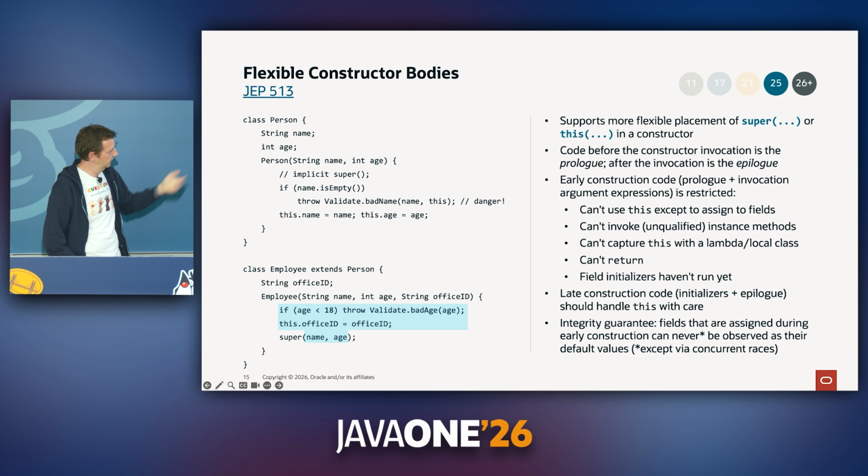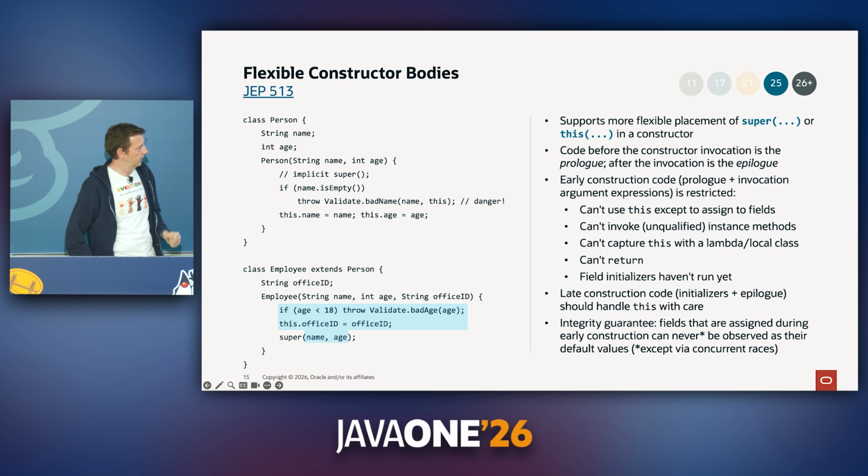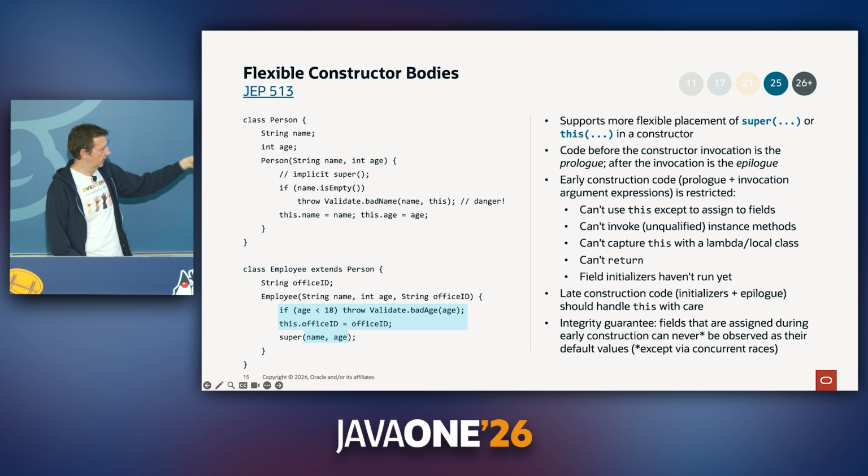So in this blue section, this is all code that runs before you get to the super call, and it is fairly restricted. There's not a lot that you can do with this, but one thing you can do is assign to its fields. And so that's what I've done here. Because this happens before the super call, then when I get to the orange code, the field is already set.